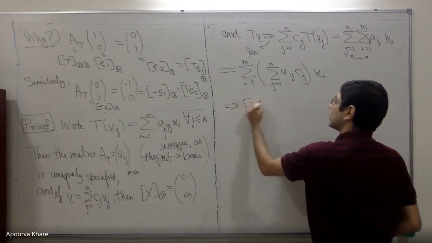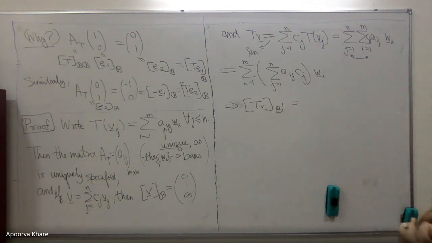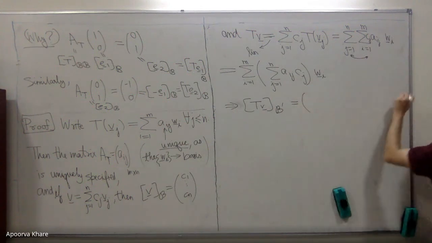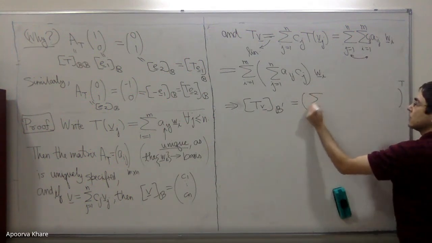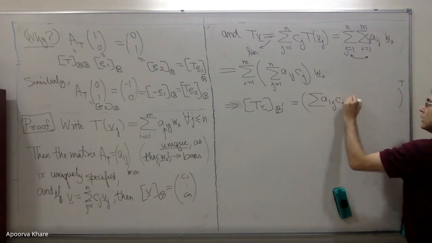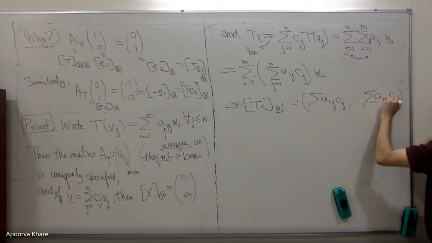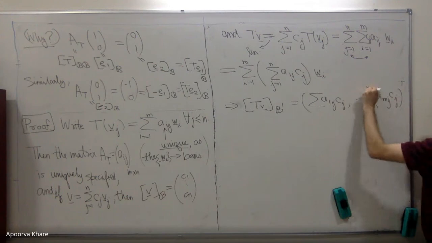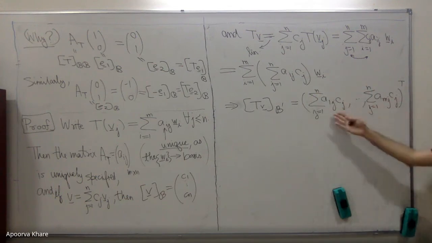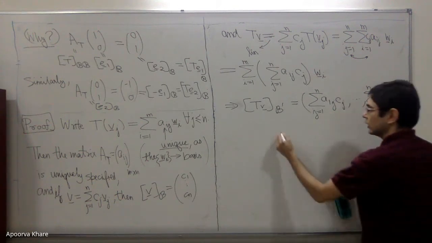It implies that the coordinates of T of V with respect to the basis B prime are, I'll write this down as a vector and then transpose it: summation A1j Cj, the coefficient of W1, A2j Cj, and so on, Amj Cj. Every sum is from j equals 1 to n. But you see, what is this? These are precisely the entries of A times C, the first coordinate, A times C, the second coordinate.